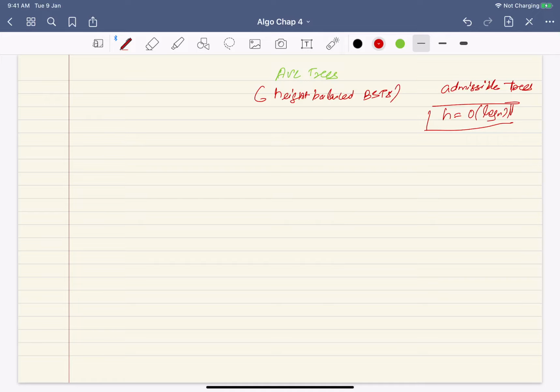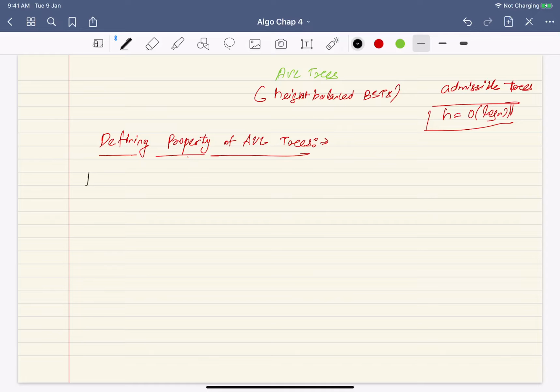So they have something called a defining property. First, let us try to understand the defining property. What is the defining property of AVL trees? It is for any particular node in that tree.